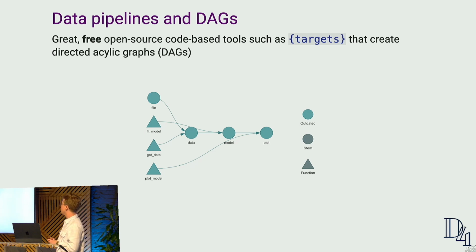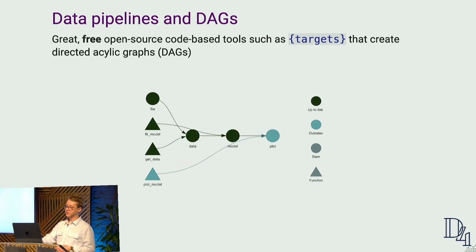So imagine in your project, you have a handful of different functions and different files that you're using. Here we have a plot model function, a get data function, a fit model function, and then some data maybe from a file, and they interact in this way. But you can imagine as you're working through this and you're executing it, some things become out of date, and you don't want to run everything all again.